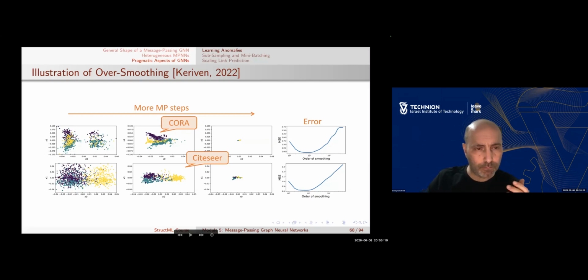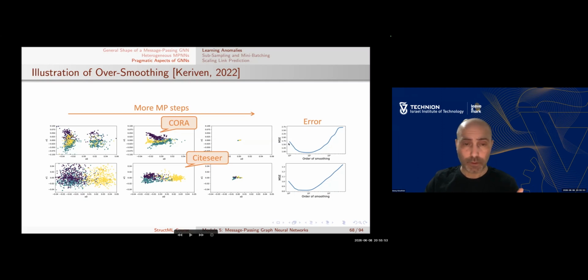You see that we're starting here with high variation, the points are scattered, and with more steps they become more condensed, until when we are making more and more steps, they are condensed into a very small region. So they become very similar. And this is reflected in the error.